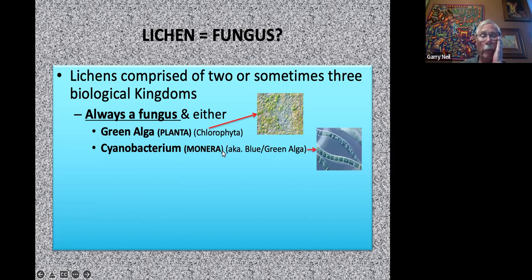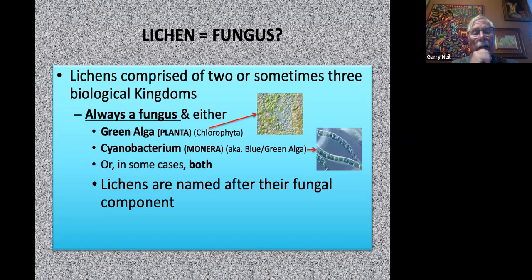All the organisms in this particular kingdom have no nuclei in their cells. They have DNA, of course, but the DNA is just kind of in the cell itself, never housed in a nuclear wall, which would be the nucleus. So again, a lichen is a fungus and also either a green algae, cyanobacteria, and in some cases both.